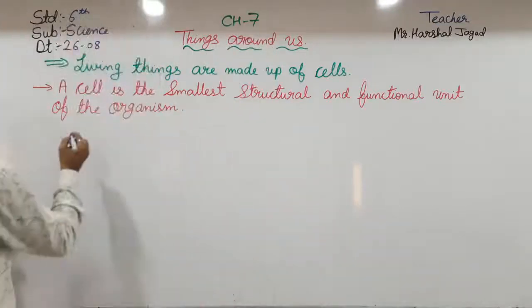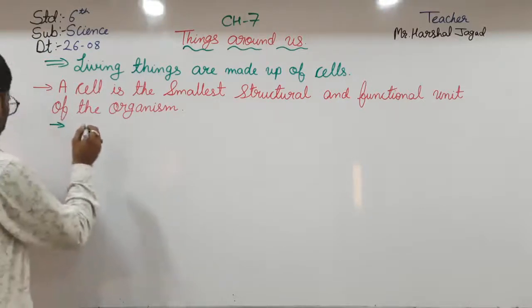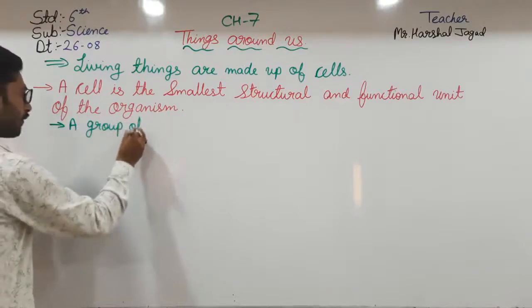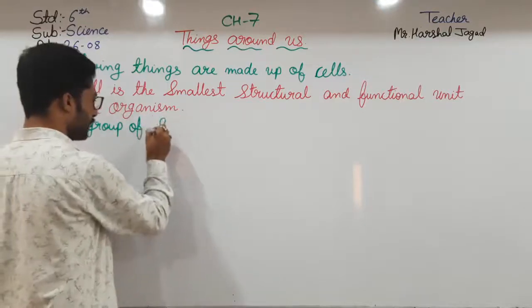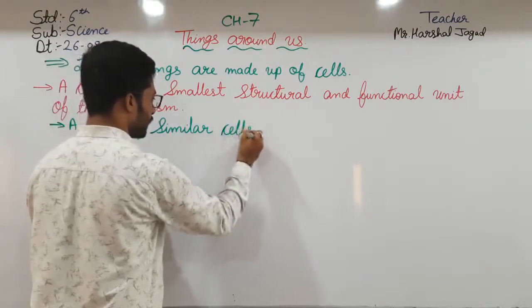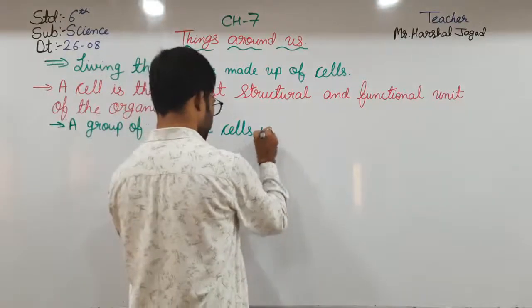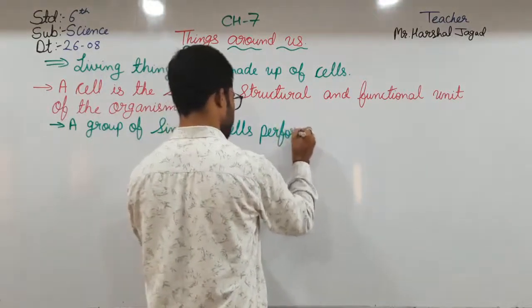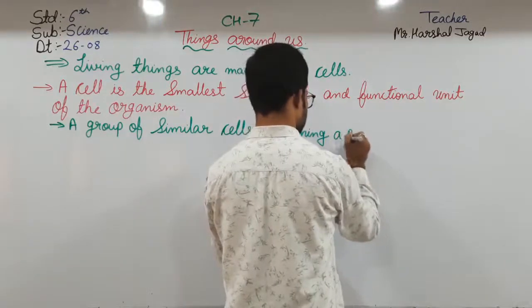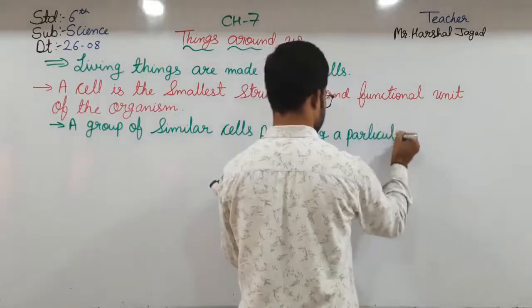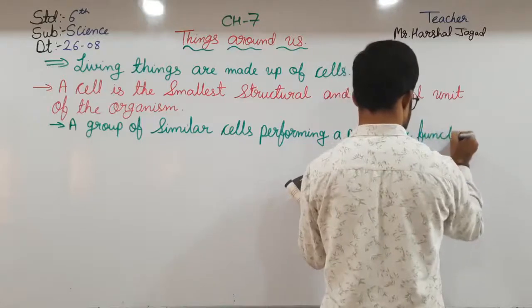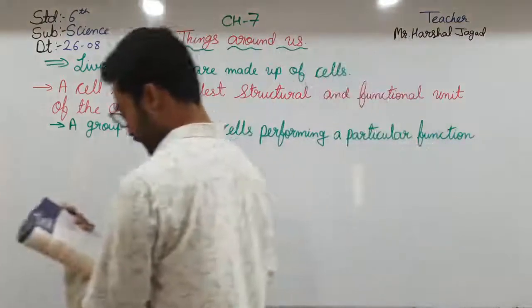So here we can write that a group of similar cells performing a particular function form a tissue.